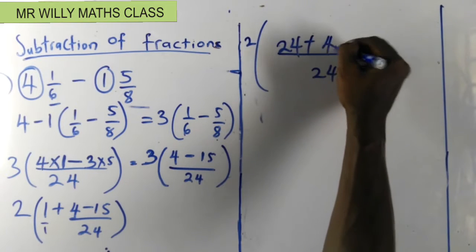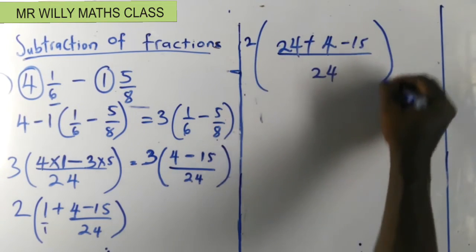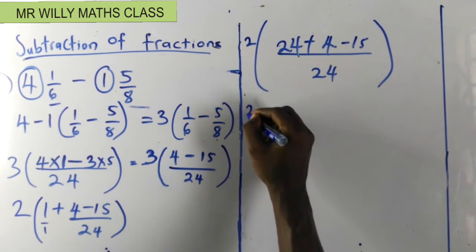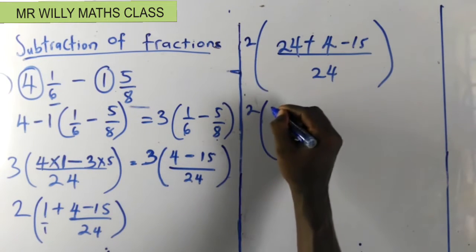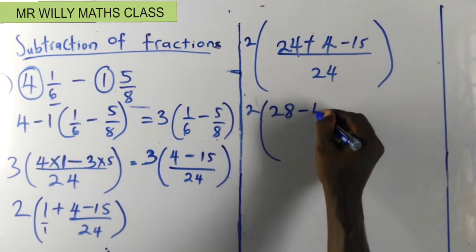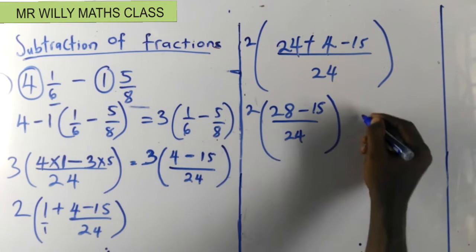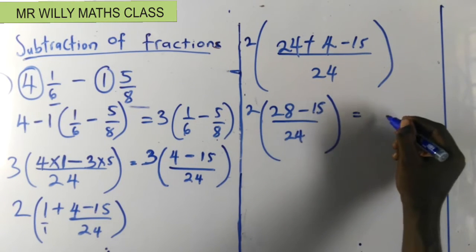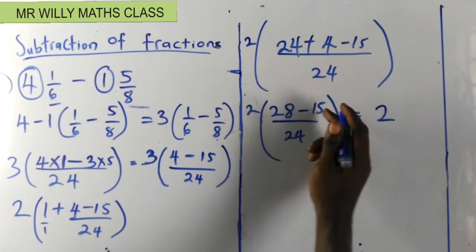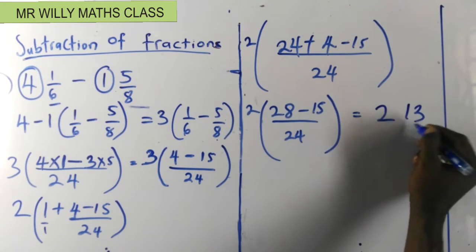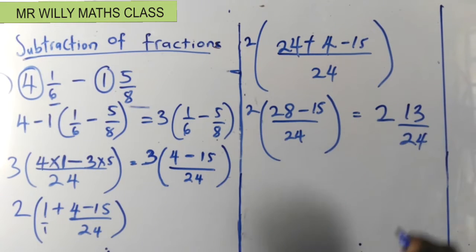Plus 4 minus 15. Then you have 2 bracket 24 plus 4, that will be 28 minus 15 over 24, equals 2 whole number, 28 minus 15, that will be 13 over 24. 2 whole number 13 over 24.